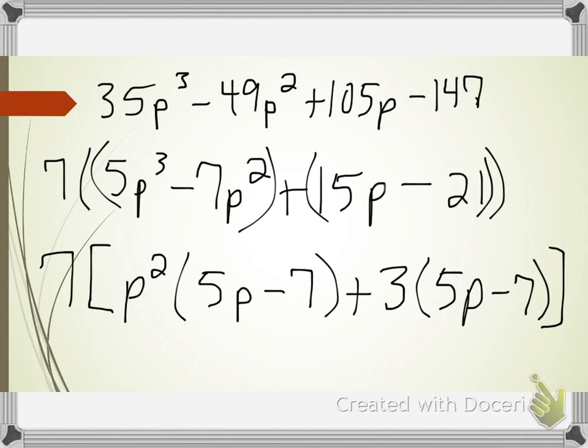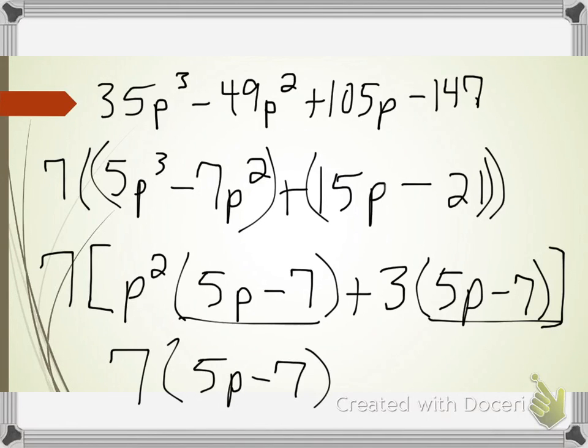Do I have a common binomial between my 2 terms now? Yes, I do. So, remember, the 7 needs to come along for the ride. What's my first factor? 5p minus 7. The binomial that they have in common, correct? Everyone okay with that? What's my second factor?